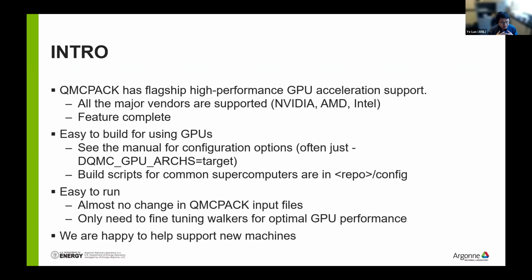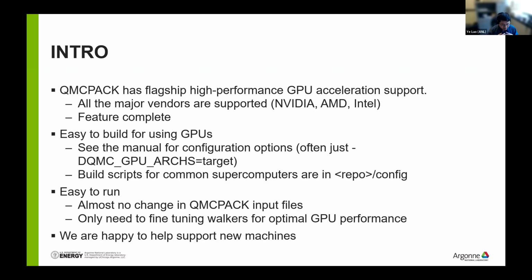In recent years we made changes to make it easy to build when using GPUs. You could find all the details about all these configuration options in the manual. We have example build scripts in the config folder, for common supercomputers, so you could figure it out. But overall, it's really simple to build. And QMCPACK is also very easy to run on GPUs.